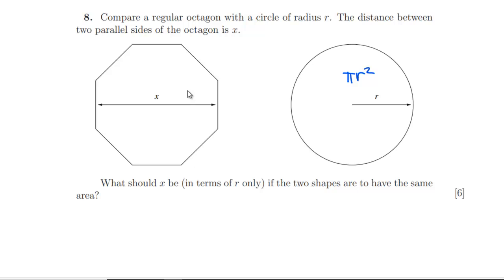Don't fancy splitting it into triangles, because the angles on the triangles are going to be unpleasant, aren't they? Because 360 divided by 8 is going to be a mess. So we don't really want to do that.